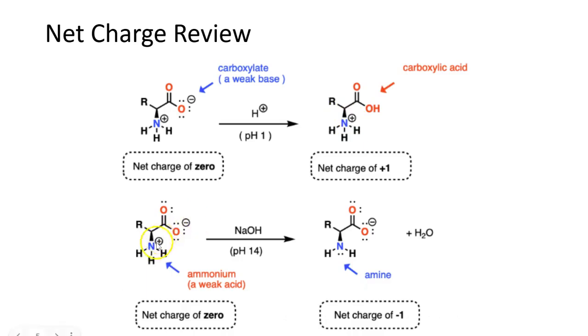But if you have the zwitterionic form and you add base, where this protonated amino group is being deprotonated, then you have just the remaining charge of that -1, and so you have a net charge of -1.